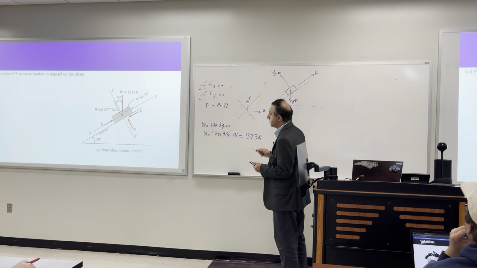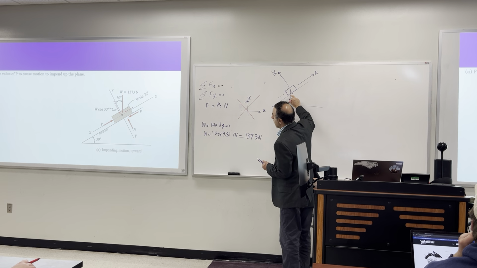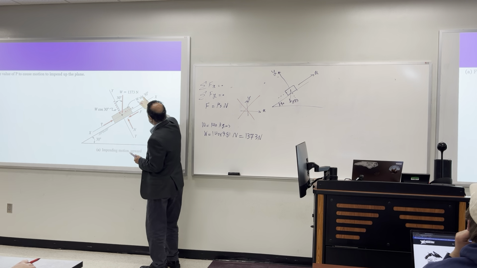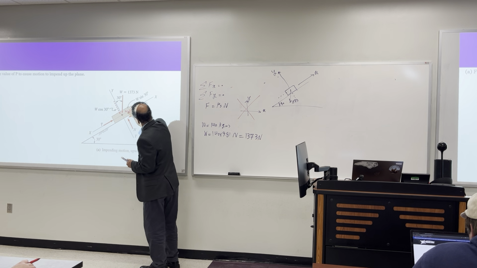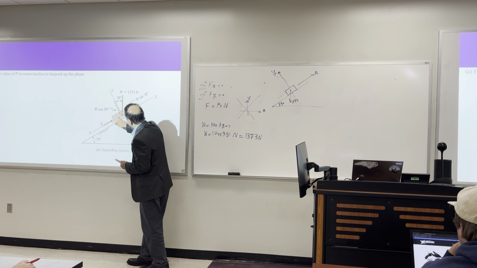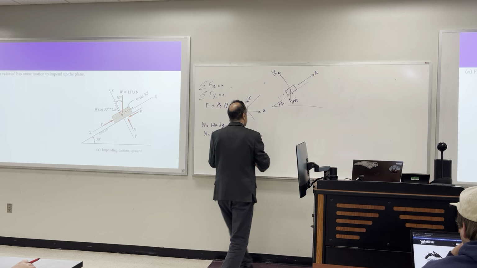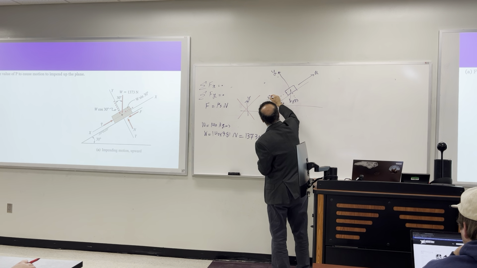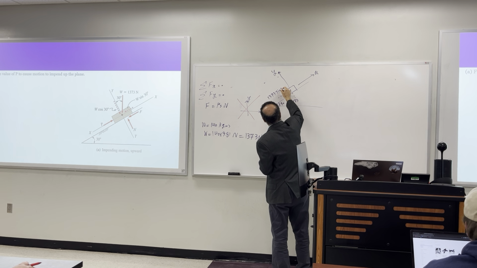In the previous lecture we said whatever mass you have, multiplied by sine 30, sine of that angle, gives you the x force. 1373 sine 30.